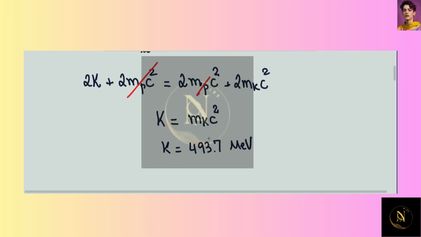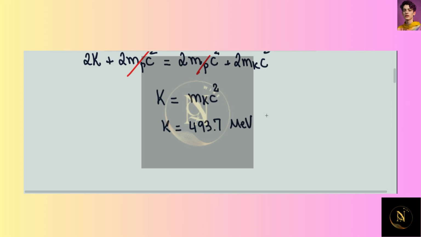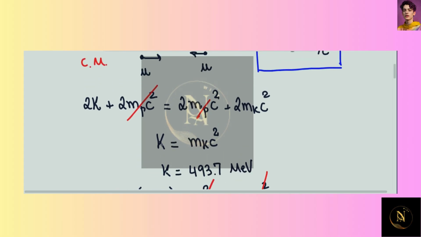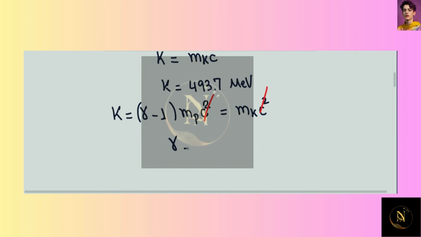And now with this information, we can calculate gamma. So remember that K is gamma minus 1 times m_p c squared, where m_p is the mass of the proton, and this is m_K c squared, the mass of the K. The c's cancel out, and gamma is 1 plus the mass of the K over the mass of the proton.